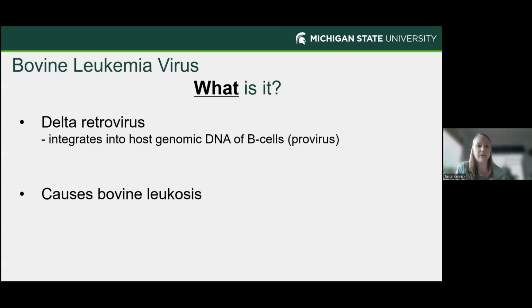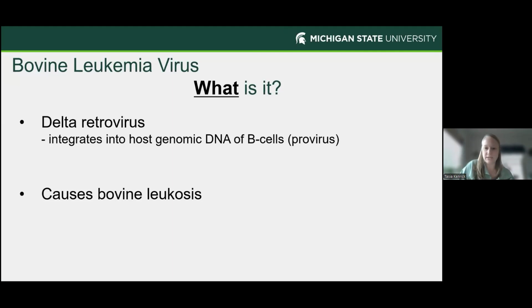What is bovine leukemia virus? It's a Delta retrovirus. And what a retrovirus does is, when it infects an animal, it integrates itself into the host genomic DNA. So the virus itself is an RNA virus, goes into the cellular mechanisms of the cow or the animal that it's infecting, and it integrates itself into the cow's DNA or the cow's genome. It likes to target B cells.